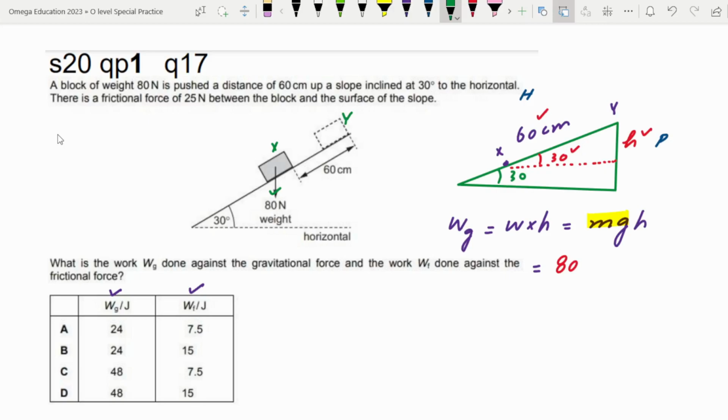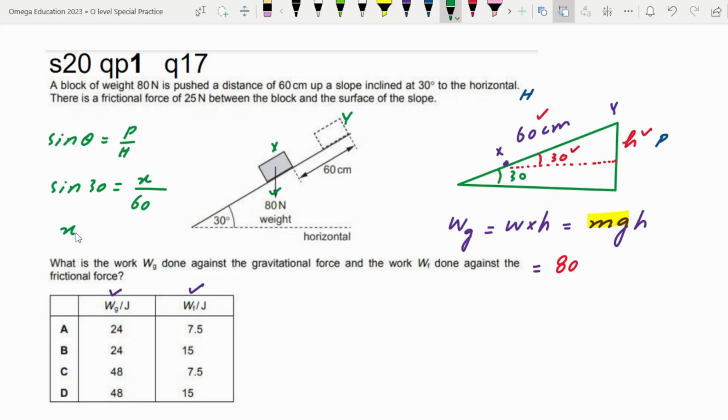The perpendicular is what we need to find, and the angle is there. So sine theta equals perpendicular over hypotenuse, and sine of 30 equals x, which is the height, divided by the hypotenuse, which is 60. Since sine 30 is 0.5, the hypotenuse is twice the height, so it would be 30 centimeters.